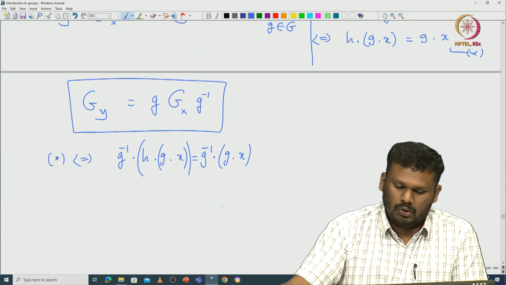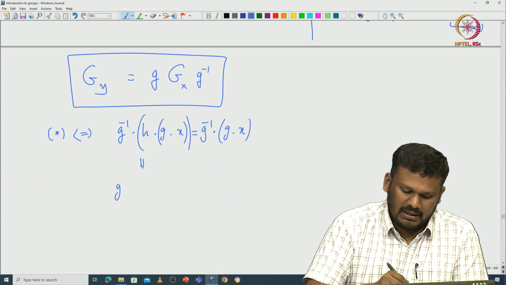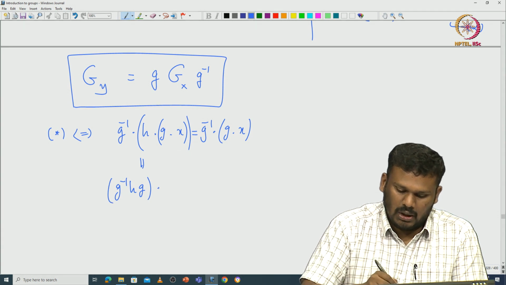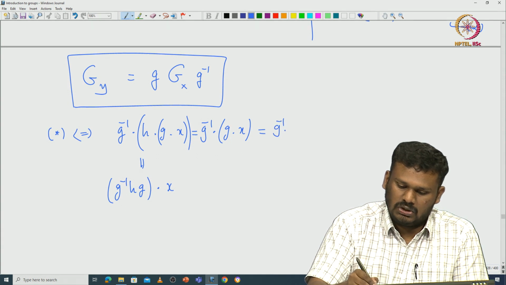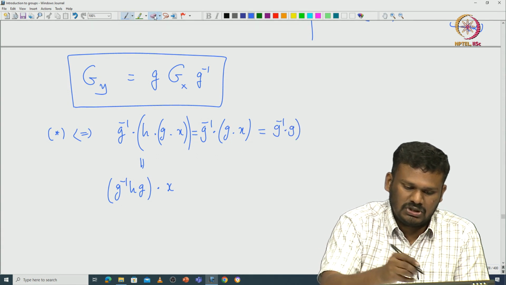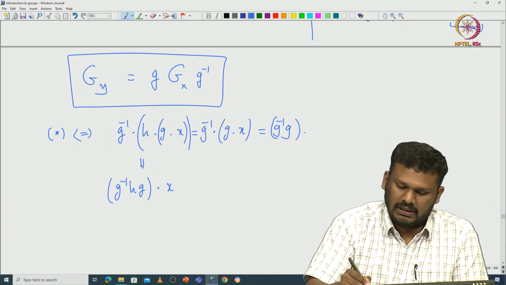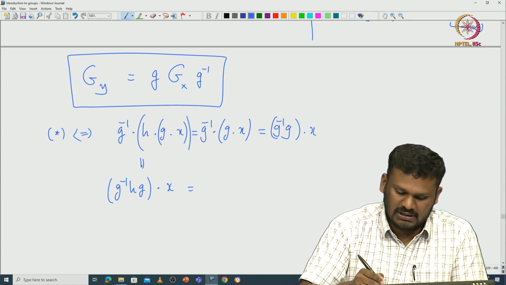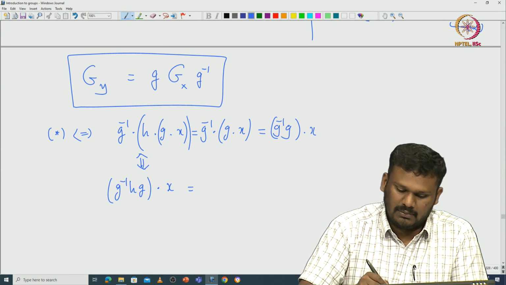Using the group action, we can get the left side by applying this particular element of the group, g inverse h g, on this x. On the right hand side, this is g inverse g dot x, but g inverse g is nothing but the identity. So this gives us that g inverse h g dot x is nothing but identity dot x, which is x.